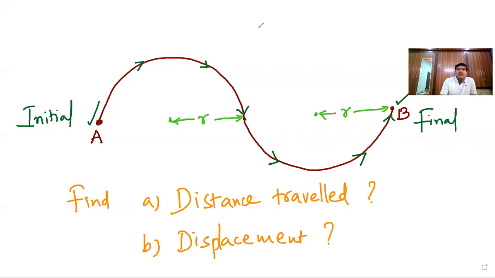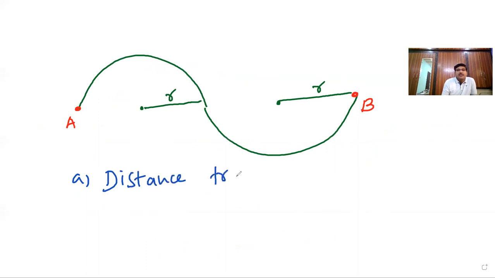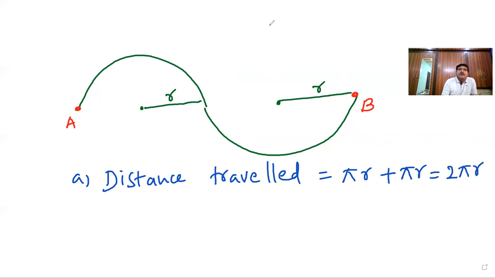Here I am mentioning clearly: this is one semicircle with radius R, this is another with radius R. This is the initial point A, this is the point B. So the distance traveled is pi r for the upper semicircular path plus pi r for the down semicircular path, totally 2 pi r.